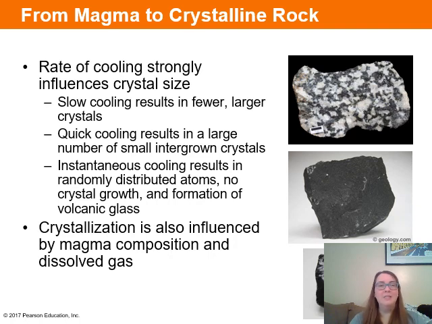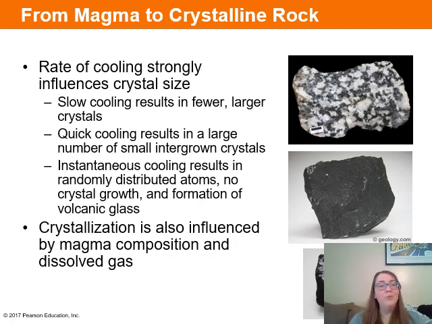So if it cools off really slowly inside of the earth, we're going to have these really obvious minerals that we can easily see. But if we have lava escaping from a volcano, let's say it's 70 degrees outside, it's going to cool off from that maybe 4,000 degree lava, being in contact with 70 degree air, very, very quickly. Because the lava is cooling off quickly, the minerals inside of it aren't going to have enough time to grow.